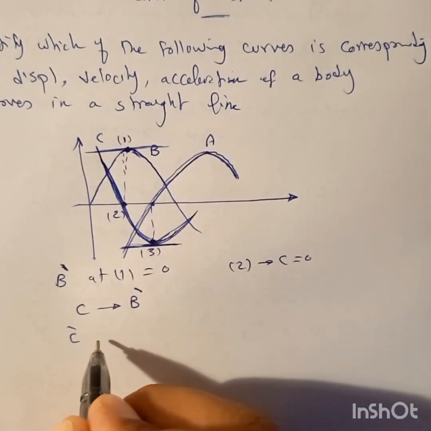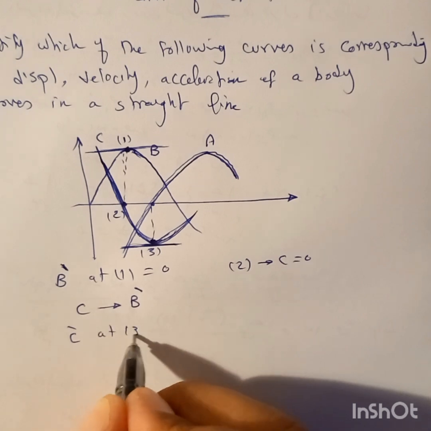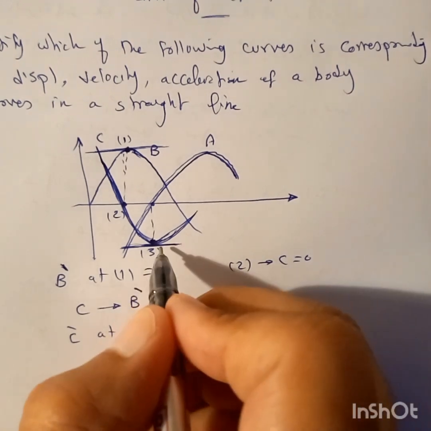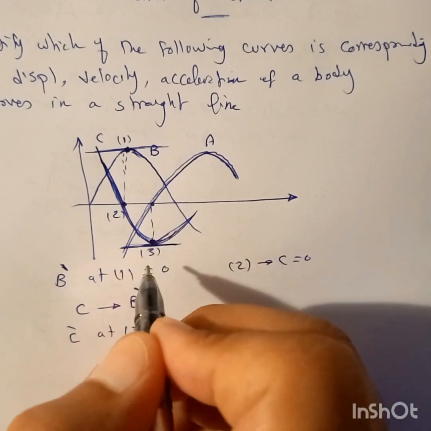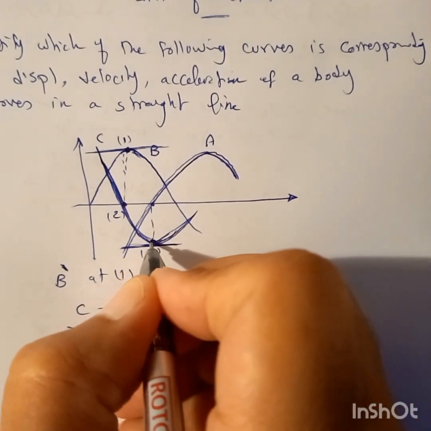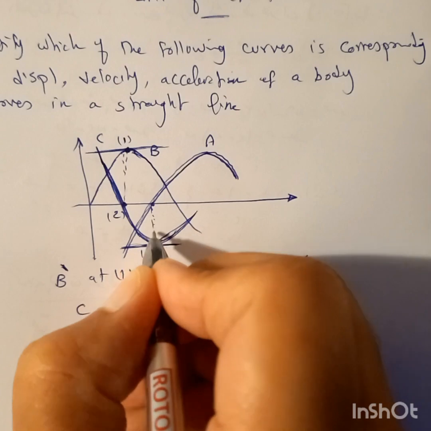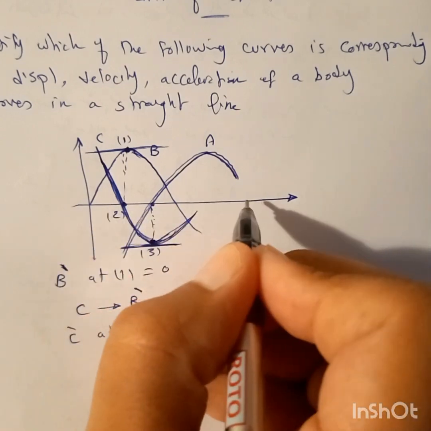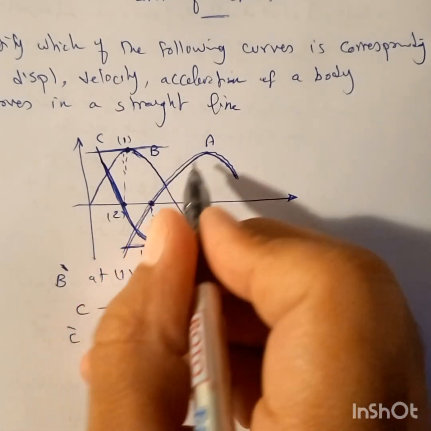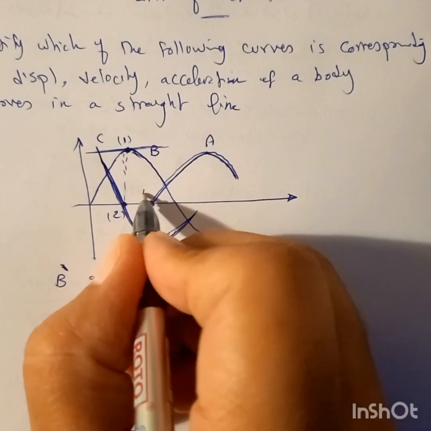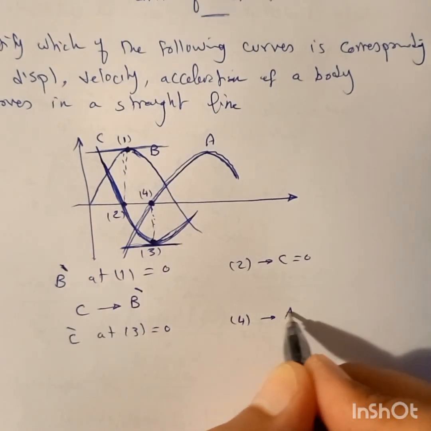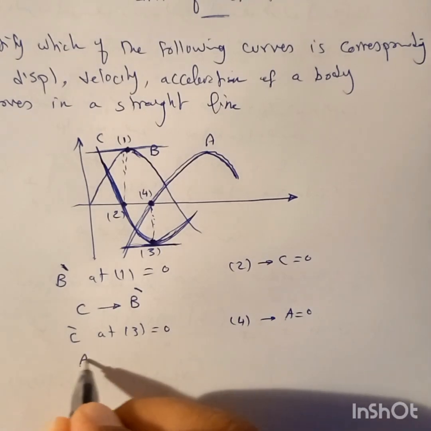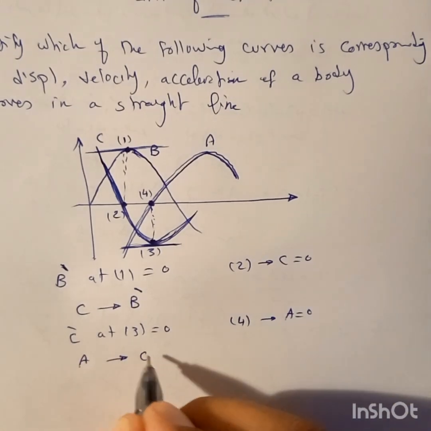Then we have C dash at point 3 equals 0, as the tangent is parallel to the x-axis. From this point 3 we can draw a perpendicular segment to the x-axis and meet curve A at this point, for example point 4. At point 4 we have A equals 0. Then A corresponds to C dash.